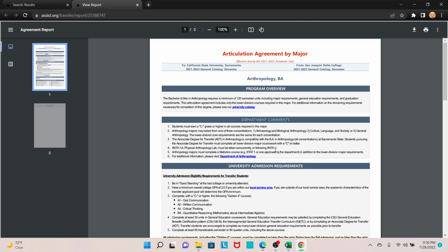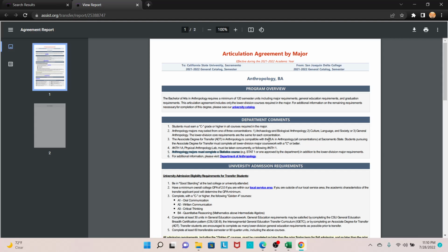They want their lab taken concurrently with or following the lectures, so in other words, you can't take the lab first. Makes sense. Anthropology majors must complete a statistics course in addition to lower-division major requirements. So that's something to look into when adjusting schedules: eventually that Math 12 class or Stat 1, depending on where you take it, is going to be needed.